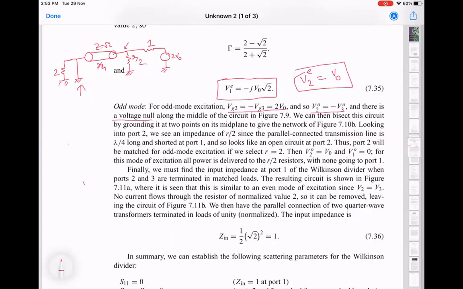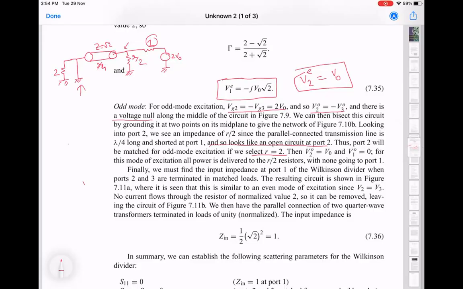What you have left is this 1 ohm resistor via R by 2 to ground. Okay, so this is what it's saying here. Looks like an open circuit port. Thus, port 2 will be matched for odd mode excitation if we select R equal to 2. Why? Because this is 1 ohm, so this has to be also 1 ohm in order for it to be matched.